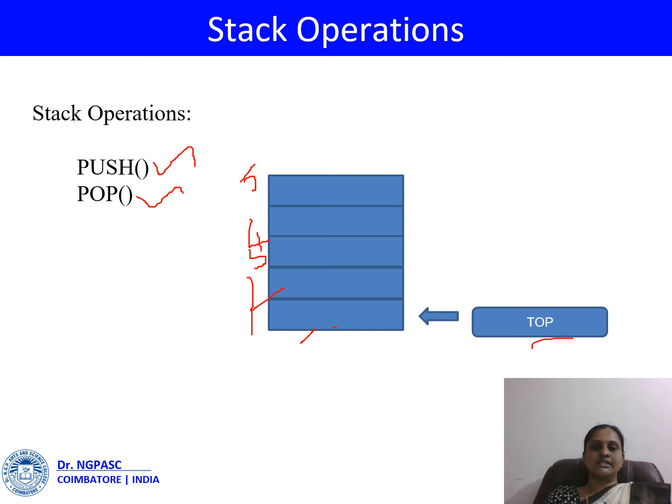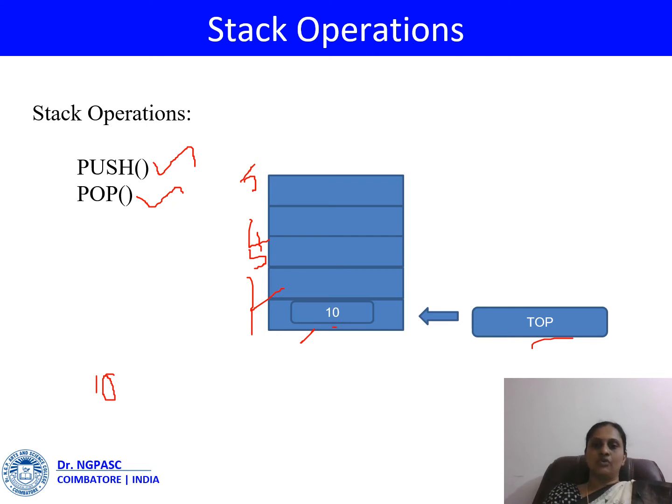Consider I want to insert the value 10 inside the stack. First I fetch the value of top. Now my top is pointing to the first empty location. In this position I will include my value 10.